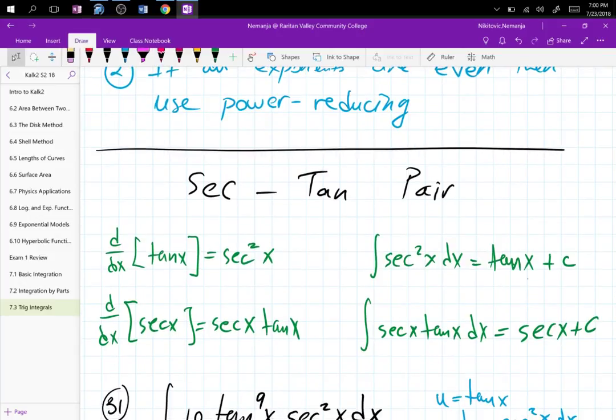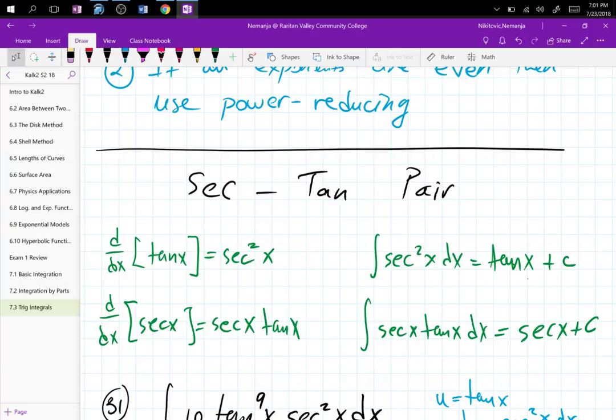So when you break off that one secant, let's say you have secant to the 3. Well, secant to the 3 can be broken into secant squared times a single secant, and if there is a single tangent, secant tangent dx, I can do u sub, right? Now, the nastiest problems in the whole section are with odd exponents of secant.